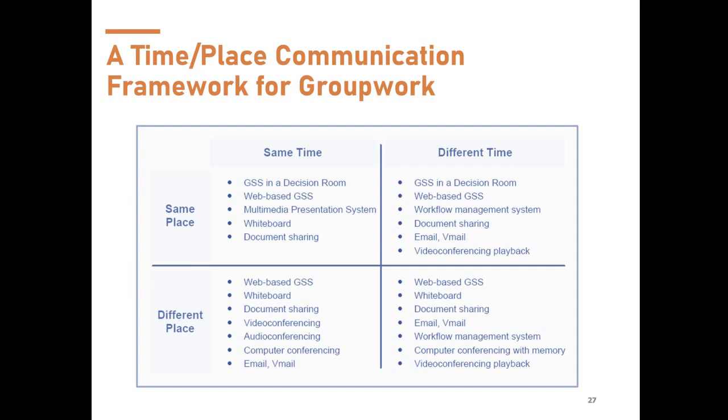And these forms of communication can happen between individuals who are in the same place or in different locations. So the 4 cells in this framework represent the different combinations of time and place.